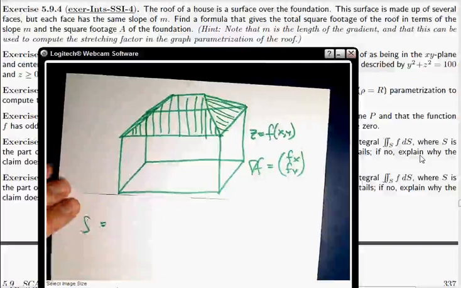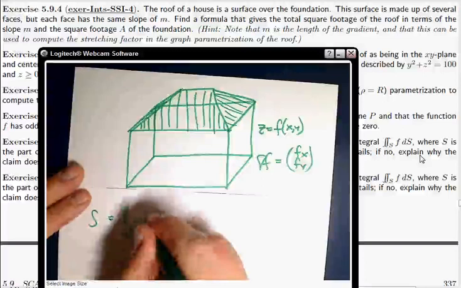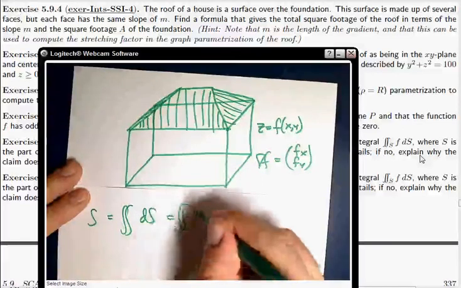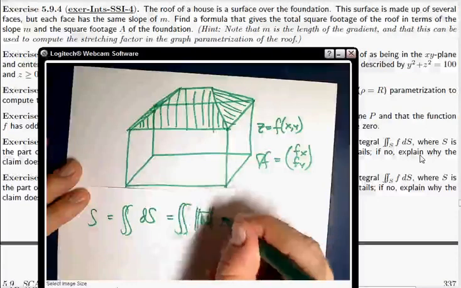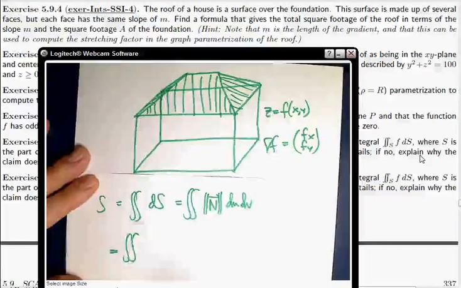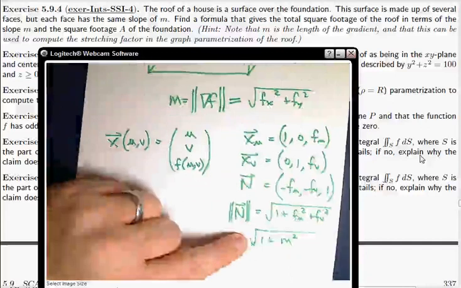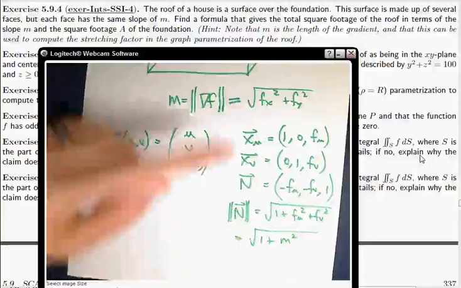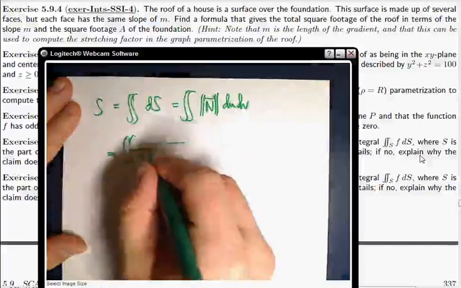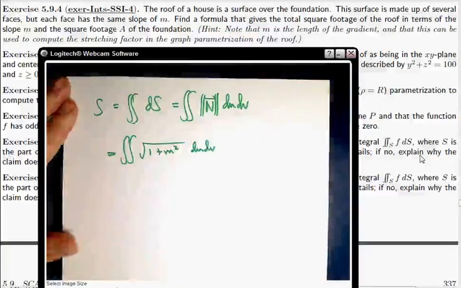That surface area is a double integral of, let's say, double integral dS, but that's the double integral of the stretching factor, the length of N, du dv, and the stretching factor is that square root of 1 plus m squared. So I've got just the double integral of square root of 1 plus m squared du dv.